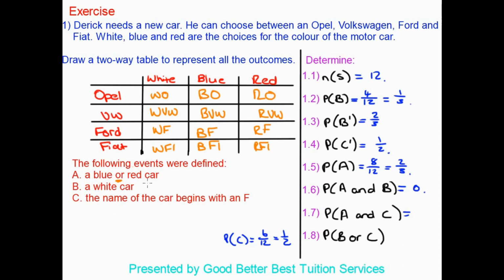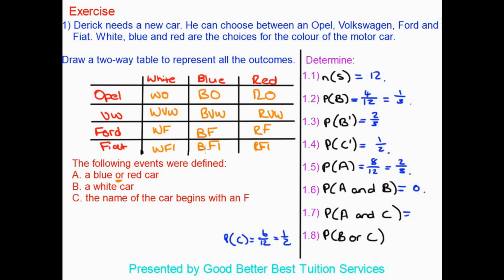So it has to be a blue or red car, but the name of the car must begin with an F. So blue and red cars, obviously these two columns over here, but the car must begin with an F, because both events have to be respected. And so that means that we will only look at these four here at the bottom.